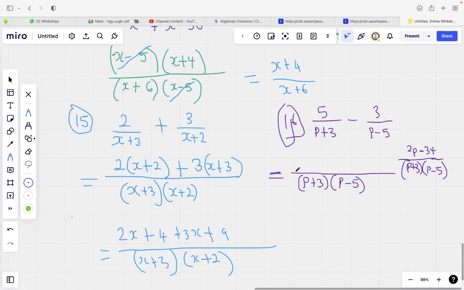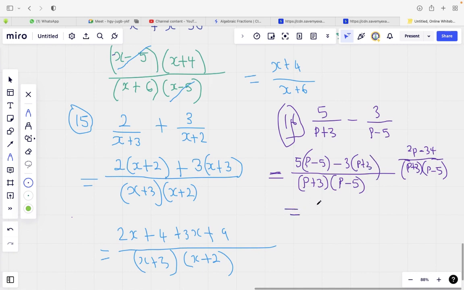Okay? So just like it is, you've just finished it by writing 5 into p minus 5, the 5 on top multiplied by the denominator p minus 5. Then you say negative 3 multiplied by p plus 3. When you do that, the next thing is we expand the numerator.